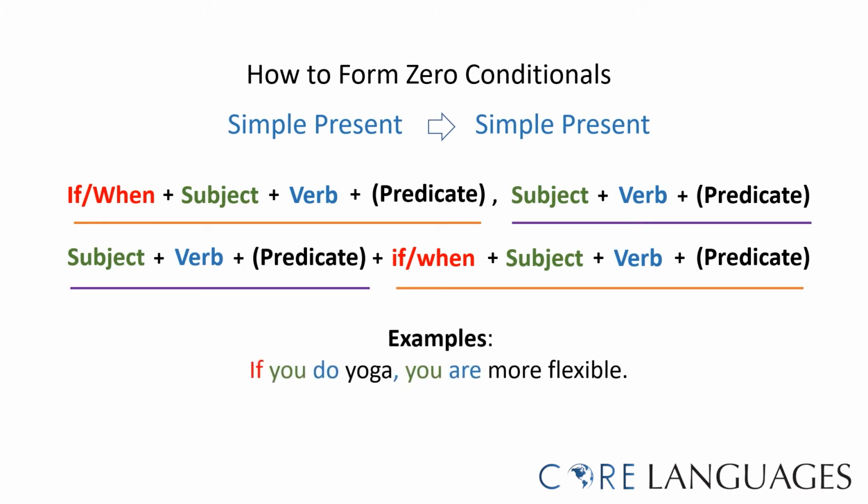For example, if you exercise, you have less stress. This sentence starts with the subordinate clause and is separated by a comma. You get hungry when you don't eat. This sentence starts with the main clause and no comma is needed.